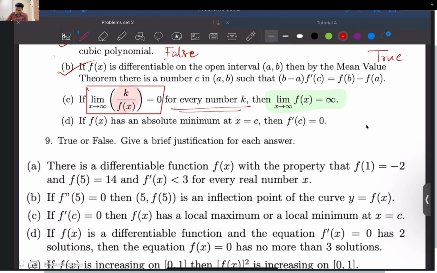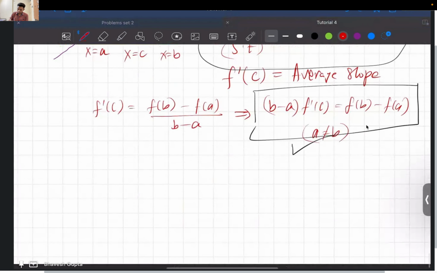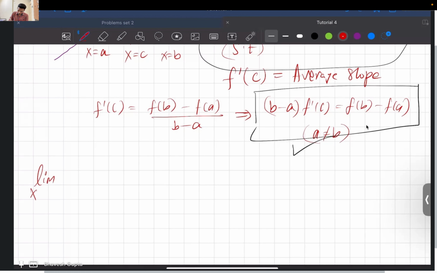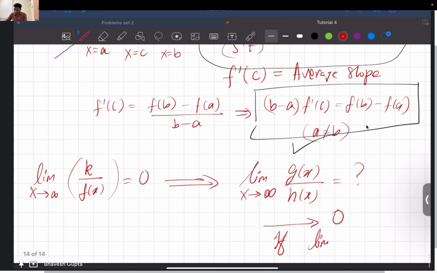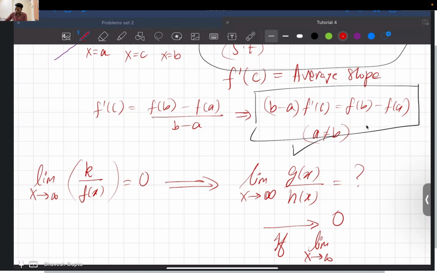And the idea is very simple. The idea we have here is that this turns out to be 0, because this particular kind of limit falls under the class where you have two functions, let's say g of x and h of x, and this turns out to be 0 if the limit of the denominator goes to infinity.